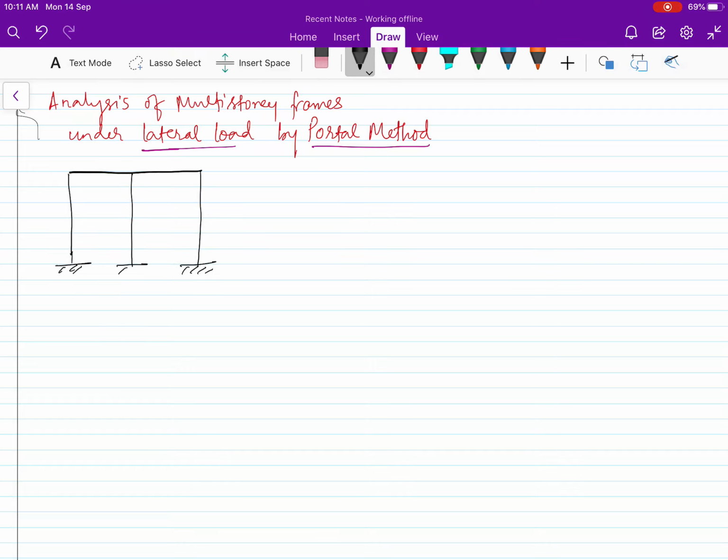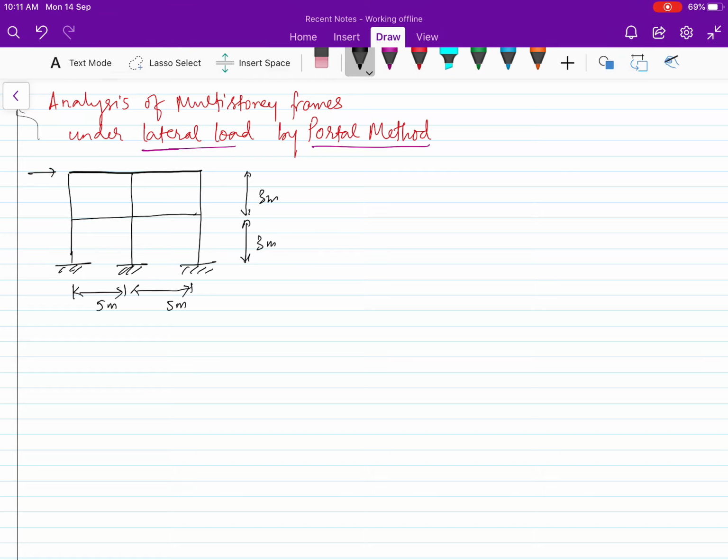This was the frame that we have considered, with a height of 3 meters each and spans of 5 meters. We have already considered the vertical load.